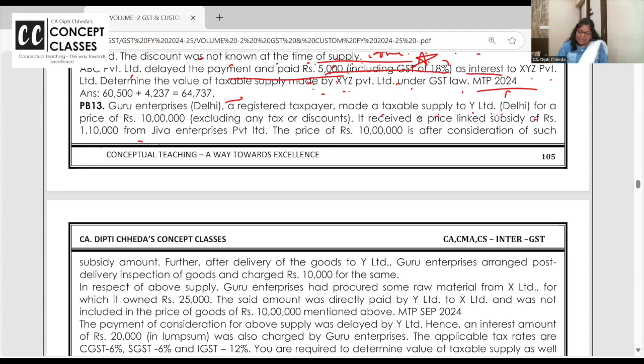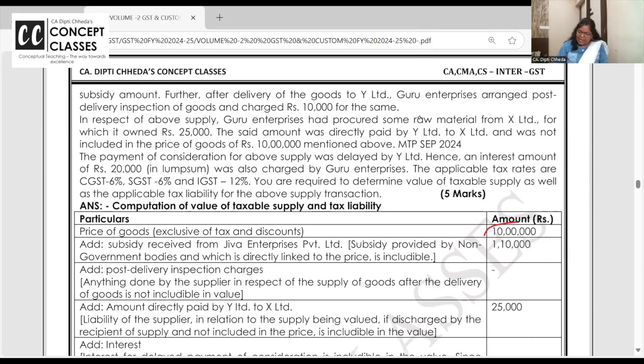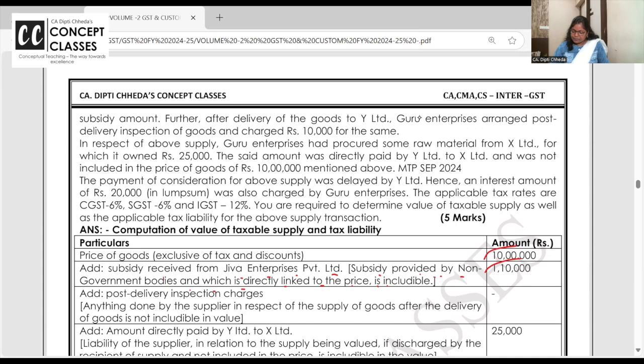So some subsidy is received and you have already reduced it, but it's a subsidy received from a private party. So you have to add back. Subsidy provided by non-government bodies which is directly linked is to be added. If it was subsidy received from central government or state government, we would deduct it, right?